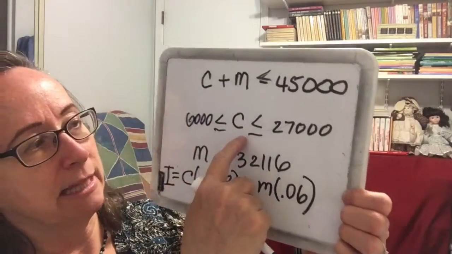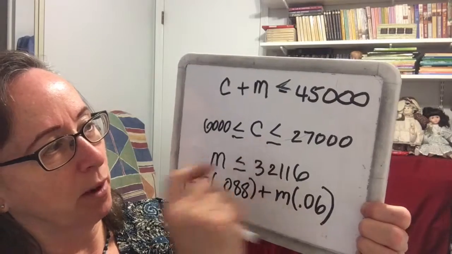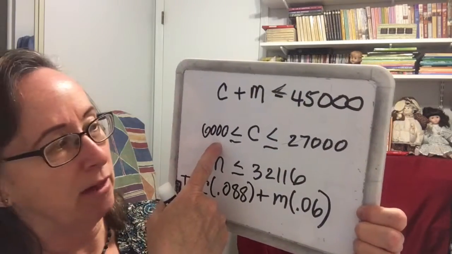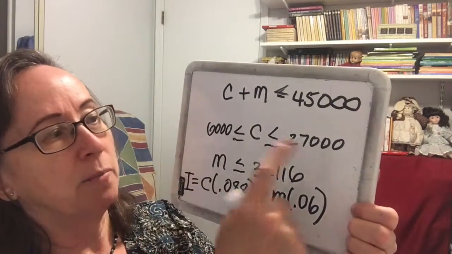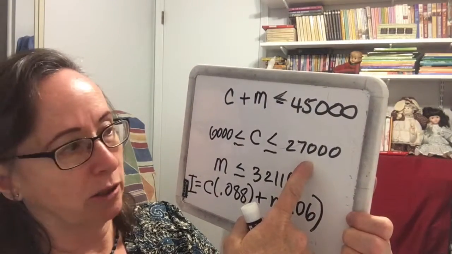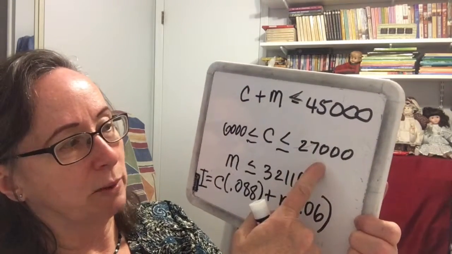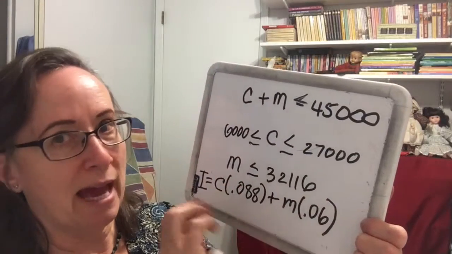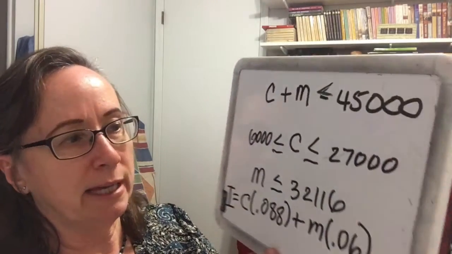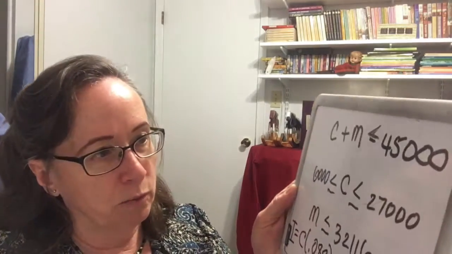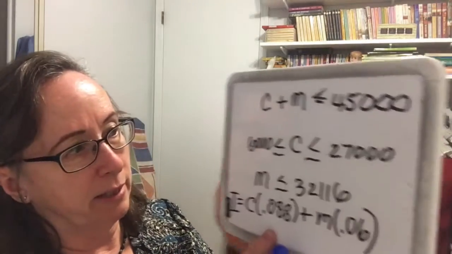Then we have the C line. Okay, the corporate bonds are going to be greater than or equal to 6,000, but less than or equal to 27,000. So we have a region where he is wanting to do these. So we're going to do these in blue. We'll do the second one in blue here.